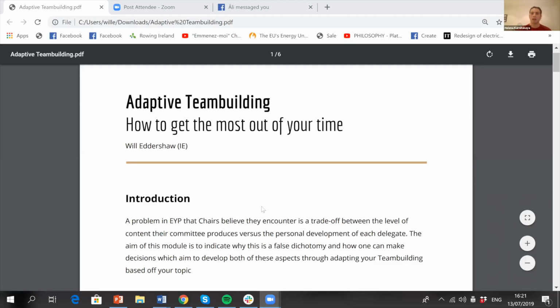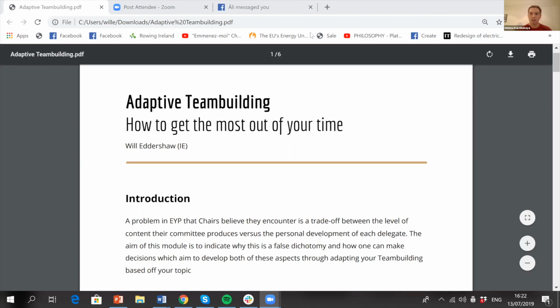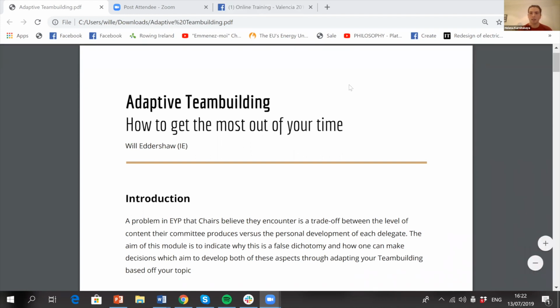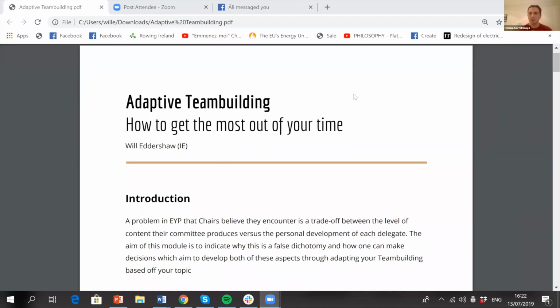Second, there we are. So I think in EYP, a problem that we have as chairs is that we often think that we have two goals, which is to try and get the best outcome of the resolution, our topic that we're given, which we have the topic overview, the process, and then trying to get the best content imaginable, trying to change the world and trying to create these real solutions.